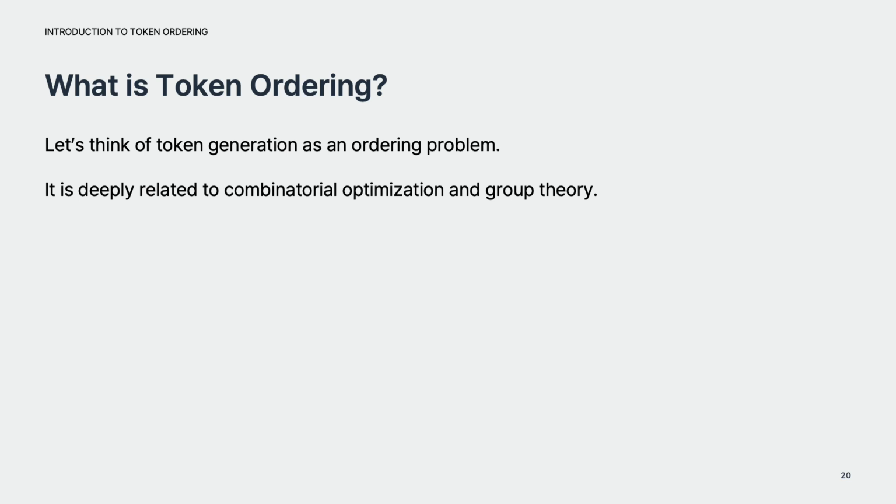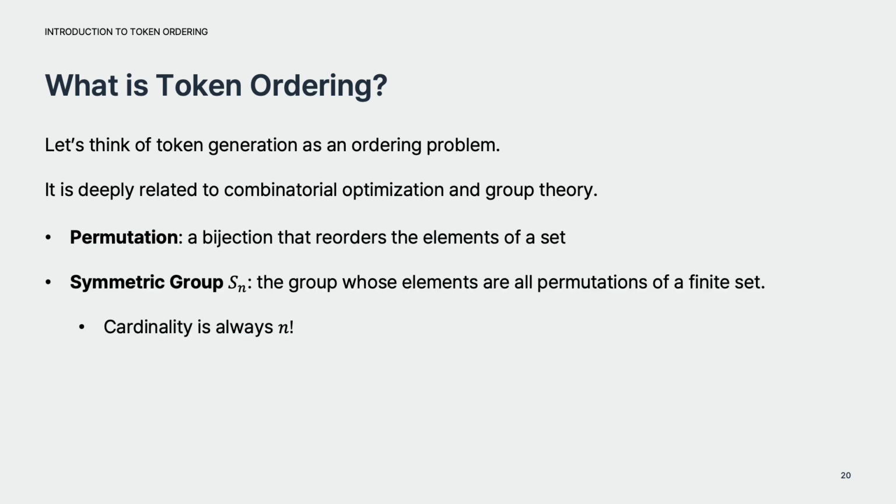When solving such problems, three concepts are always needed: permutation, symmetric group, and permutation group. A permutation is a bijection that reorders the elements of a set, and a symmetric group is the group whose elements are all permutations of a finite set. So the cardinality of a symmetric group is always n factorial.